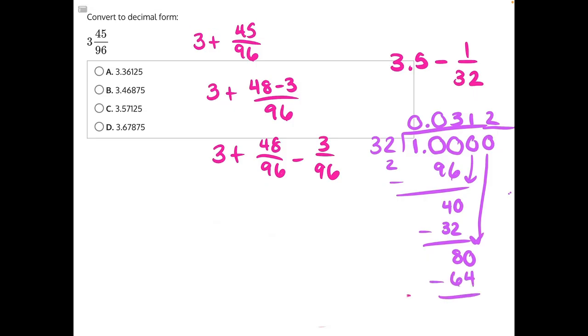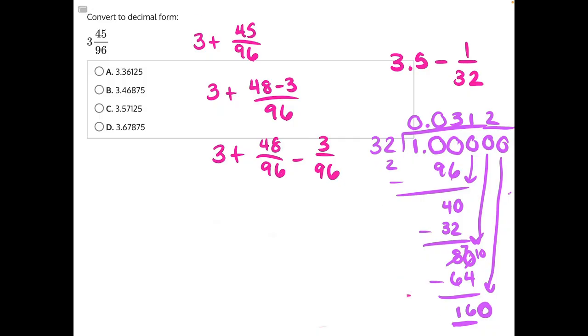So we'll subtract there, and I will borrow. 10 minus 4 is 6. 7 minus 6 is 1. We bring down another 0. And now here's an interesting relationship. I know that 16 is half of 32.